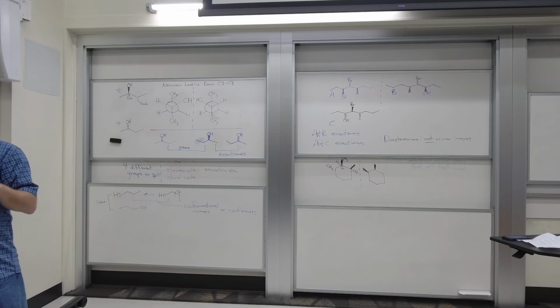So we got 3 chiral centers. In the mirror, all 3 are going to reflect.